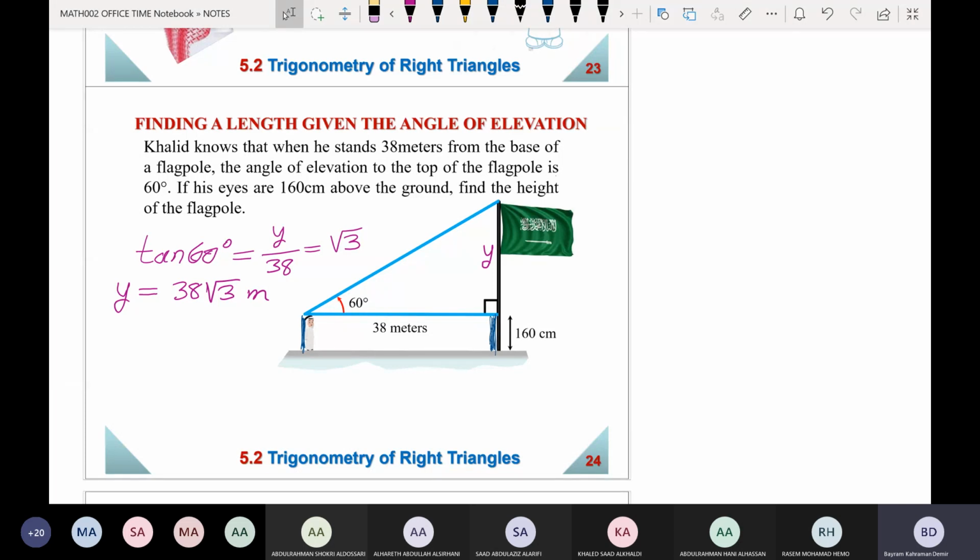But what is the height, Shabab? The height is equal to y plus 160 centimeters. I need to write 1.6, right? Because we are using meters.